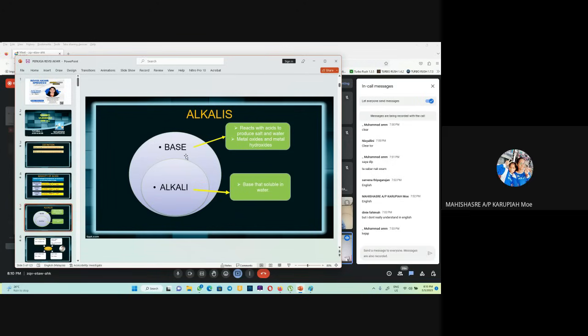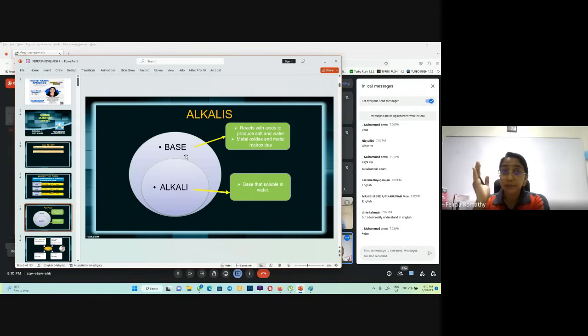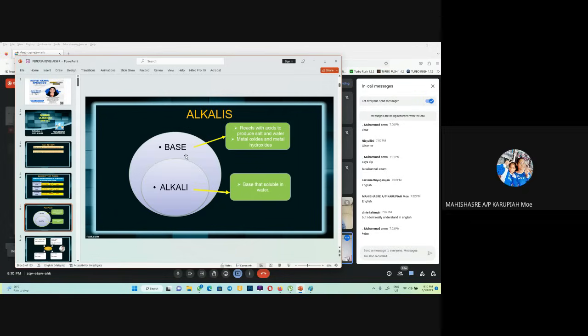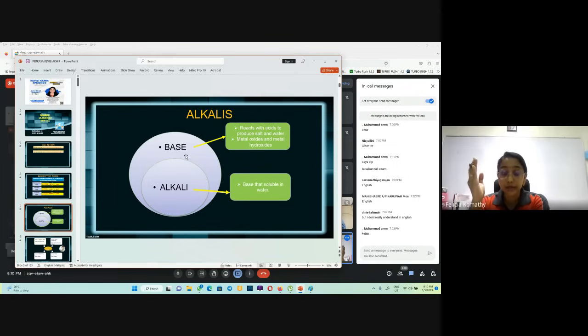Now, when it comes to base and alkali, what's the difference? Base is anything that can react with acid. Remember, a reaction between the chemical substance and acid that produces salt and water, then that is called a base. But alkali is the soluble base. That means it must be soluble in water. Not all bases are soluble in water. Only alkali are soluble in water.